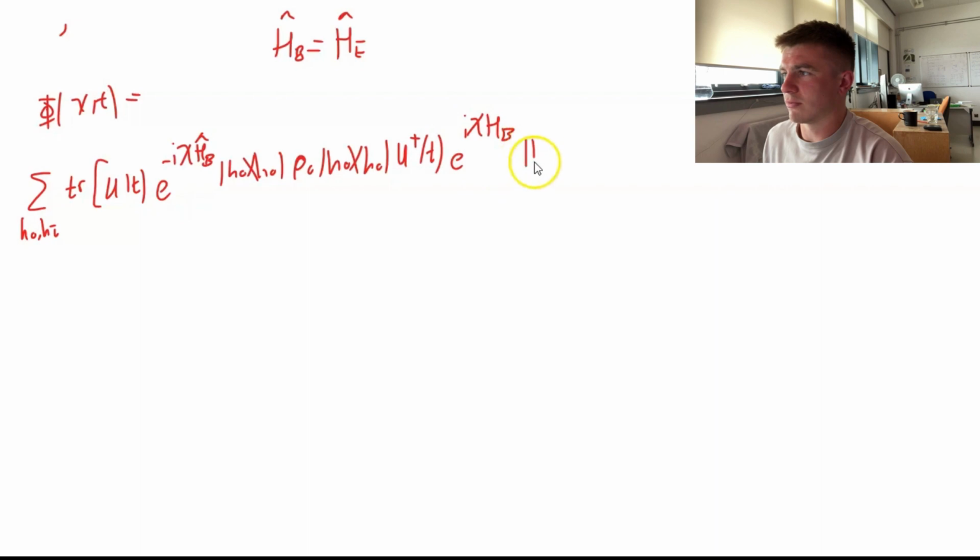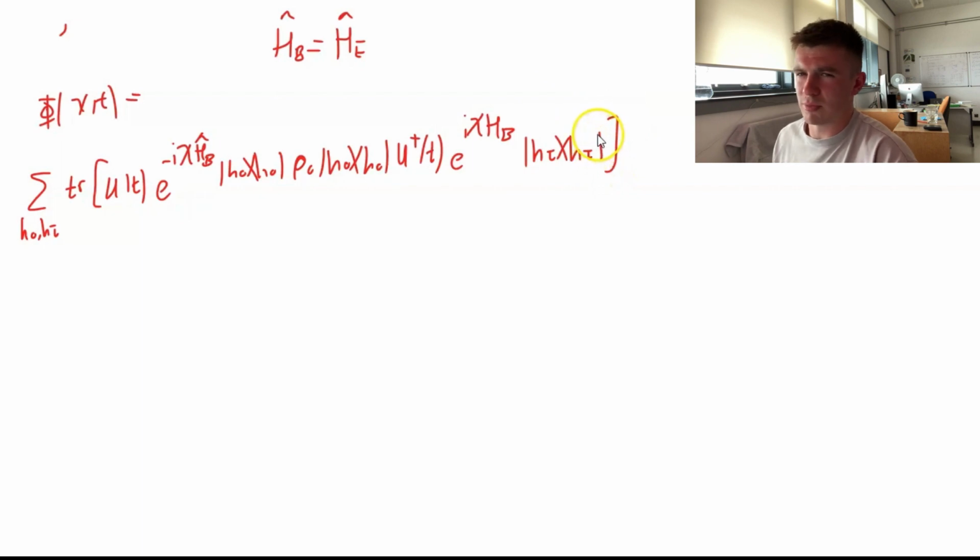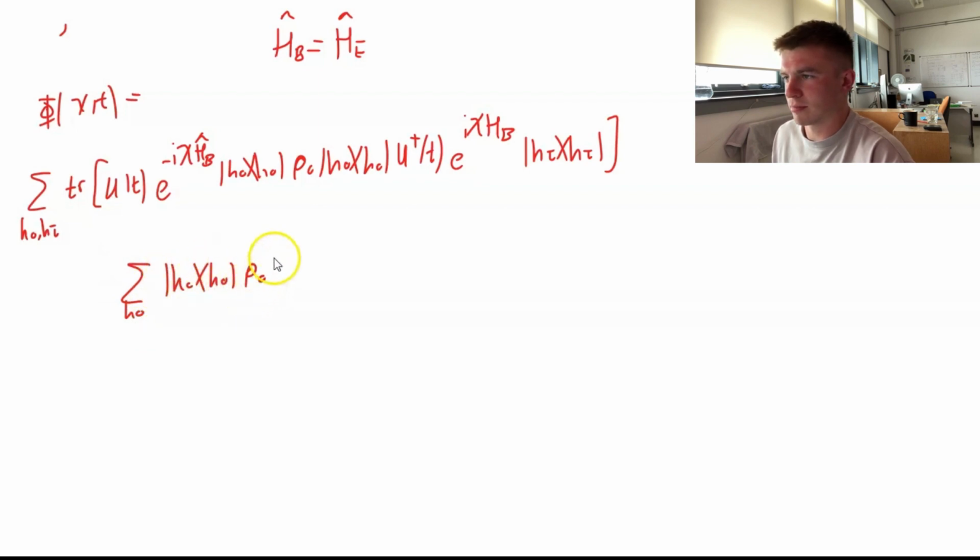And again, we have the projector onto the final measurement outcome state. Okay, so now I'm going to neaten things up slightly. I'm going to define the sum over H_0 of this thing as simply ρ̄_0.